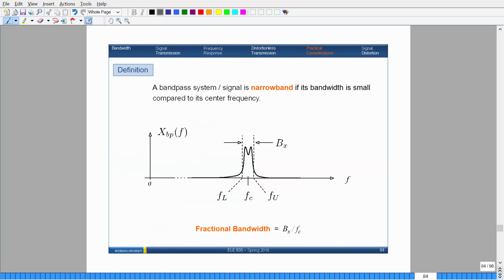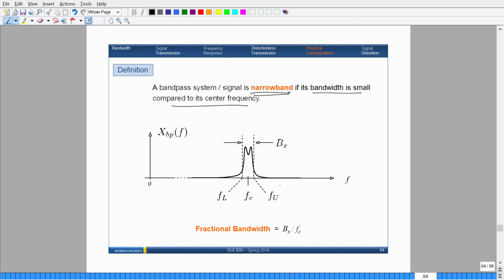Okay? All right. So a couple more definitions and I'll take a break. We have what's known as a narrowband signal. What I mean by narrowband signal is that you have a bandpass system, but the bandwidth is very small compared to its center frequency.